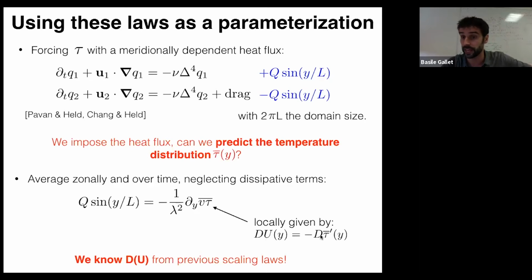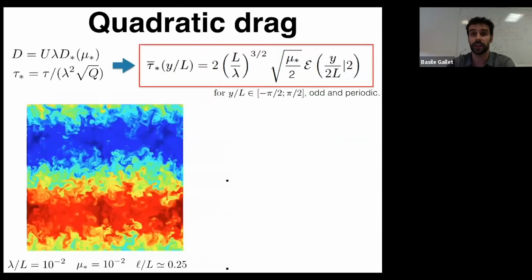And the great thing is that we know D from previous scaling laws, and we got one or two fitting constants, just the prefactors of these scaling laws. But once you've got them, there's no fitting parameter anymore, and you can compute this tau bar of y by integrating this equation, which is precisely what we did.